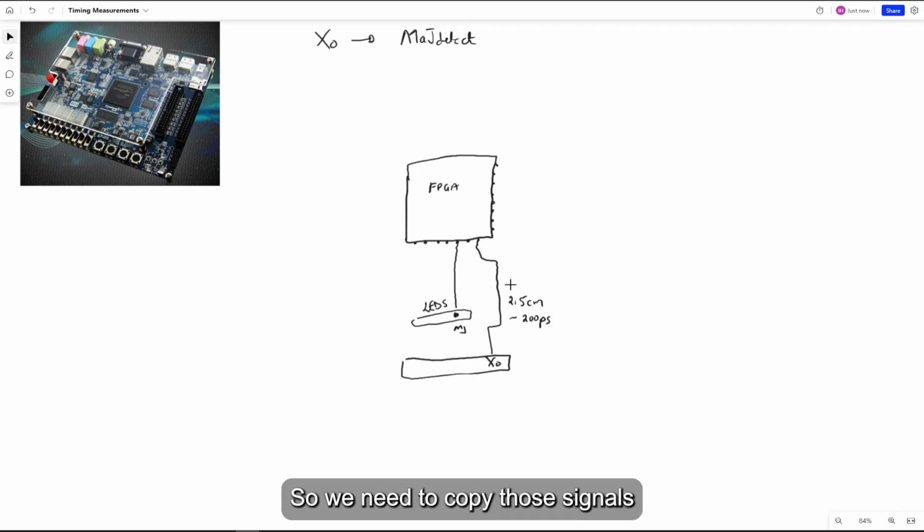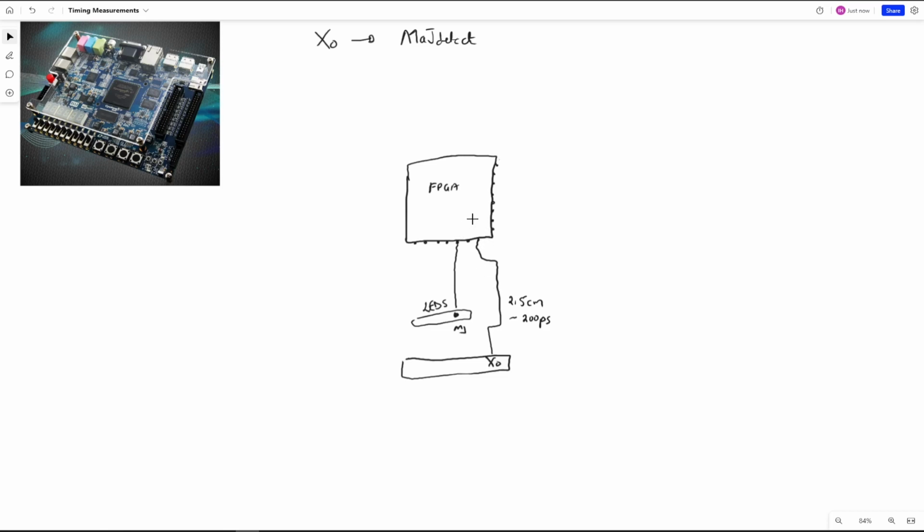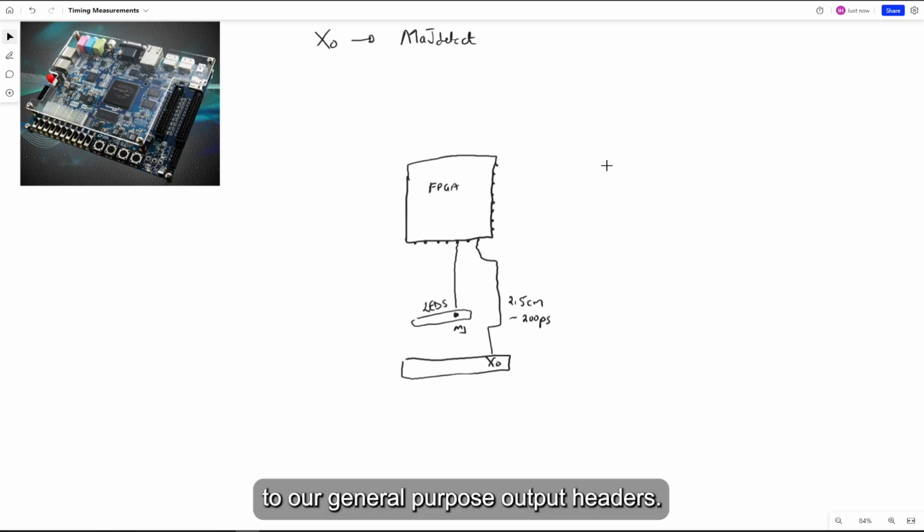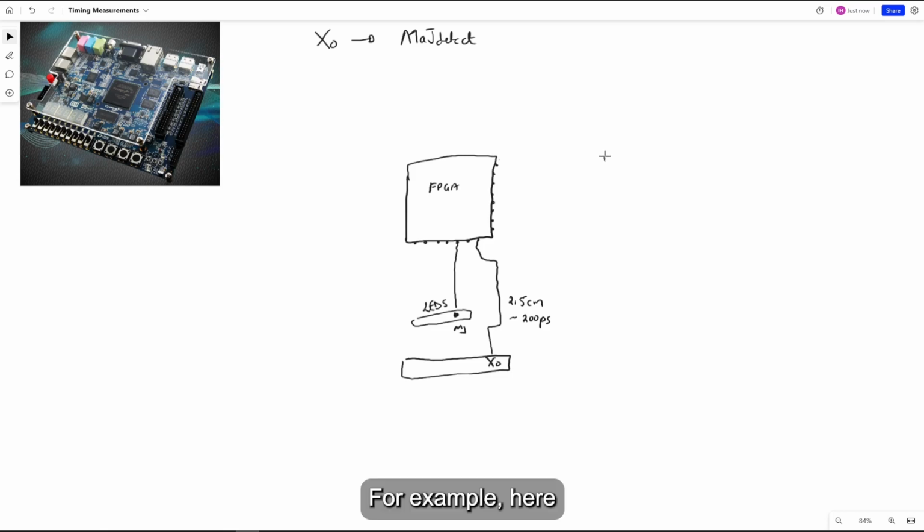So we need to copy those signals to our general purpose output headers. For example, here, those are the general purpose outputs. It has this kind of pins.